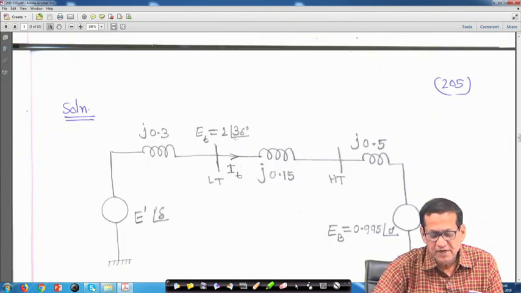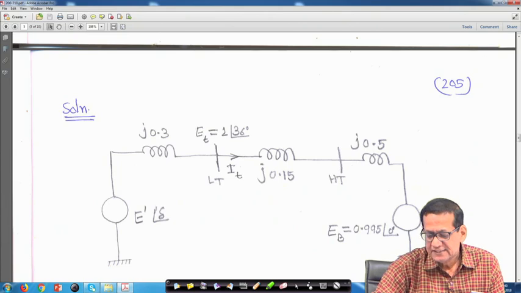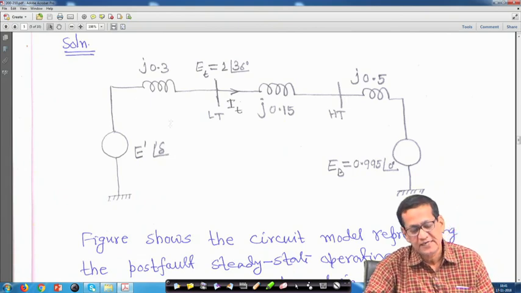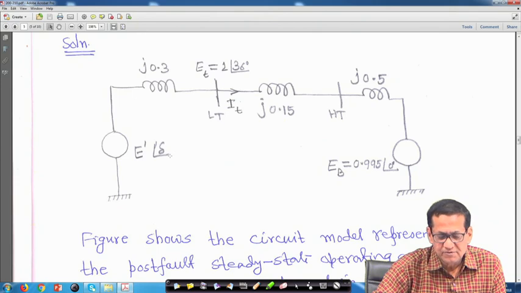E t was given 1 angle 36 degree per unit, and this transformer is also given, j 0.15, because circuit 2 is out. This is the line reactance j 0.5, and this is E b equal to 0.995 angle 0 degree. This is the infinite bus, and this is your E dash delta, the voltage behind x d dash. So, our objective is to first find out the delta.